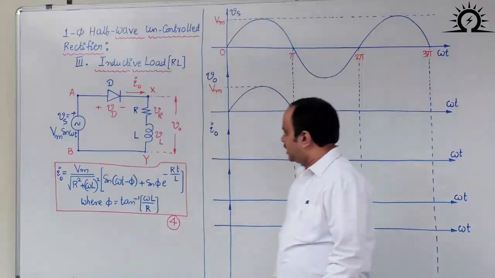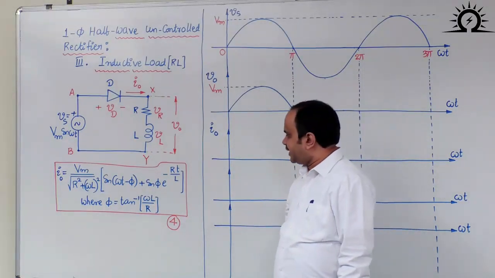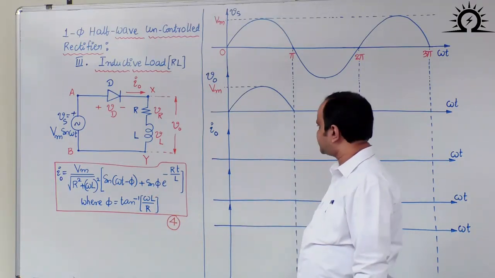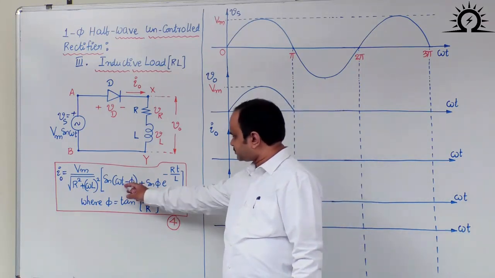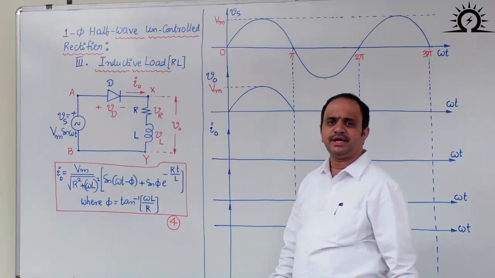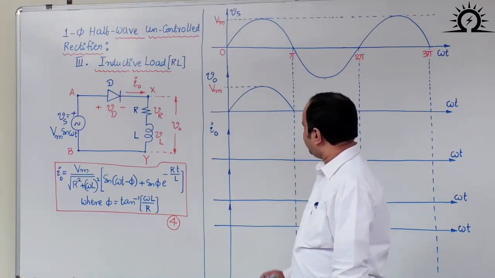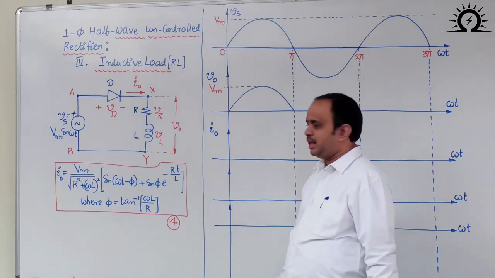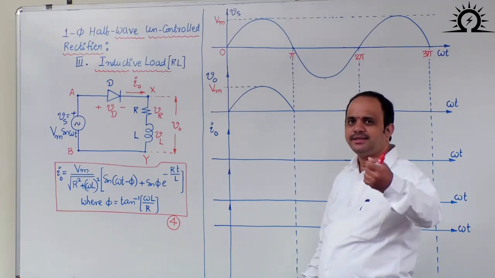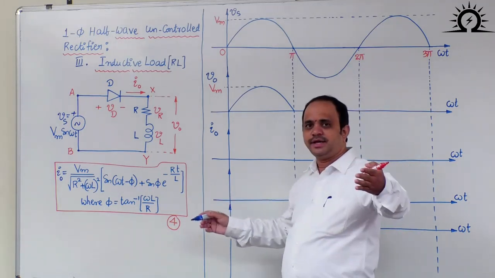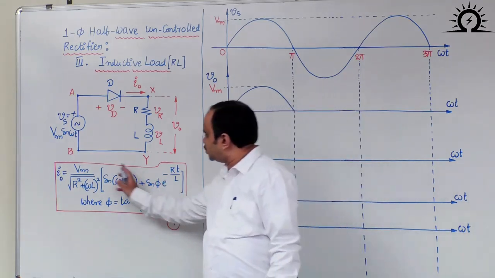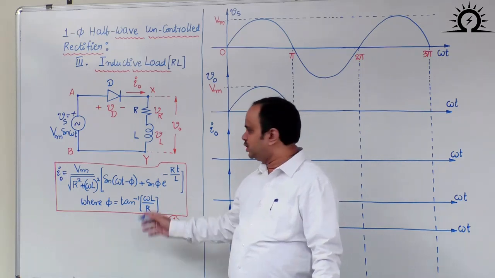Now, in order to draw the output current, I just rewrite that equation number 4 here, just for reference. As we told, it has two components. One is a sinusoidal and another is an exponentially decaying component. If you select one particular value of omega t, it is some angle, either in degree or radian. By taking that angle and substituting in this equation, you will get one number.